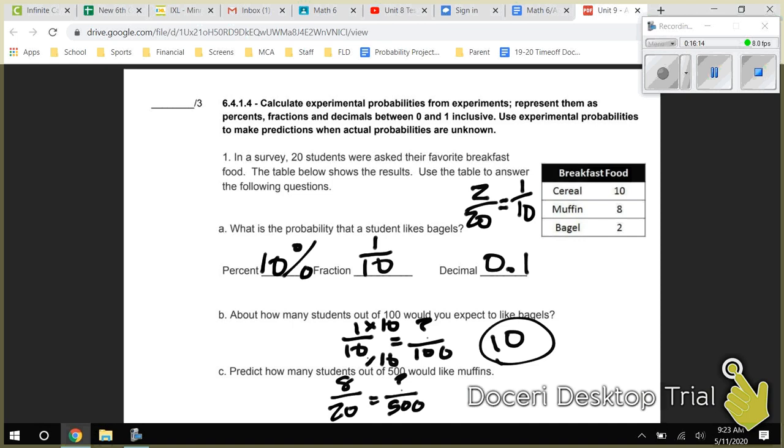Okay, so I know that if I multiply by 5, I get 100. So if I multiply by 25, I get 500, right? So 20 times 25.